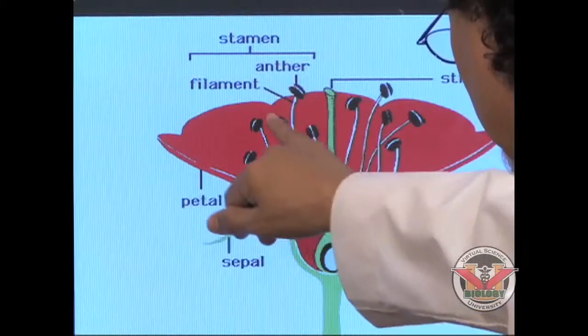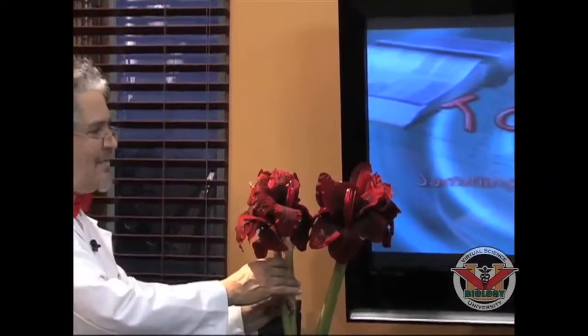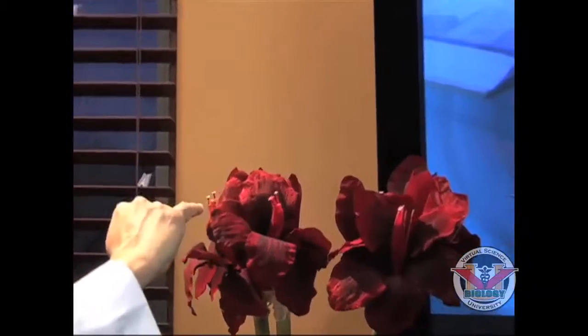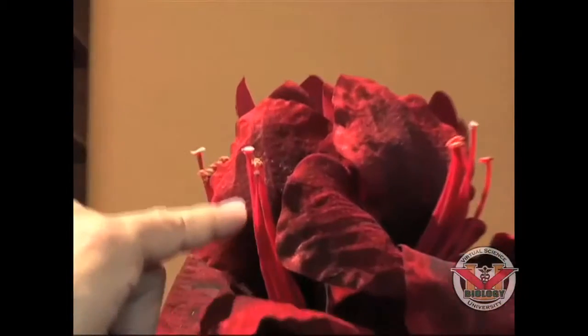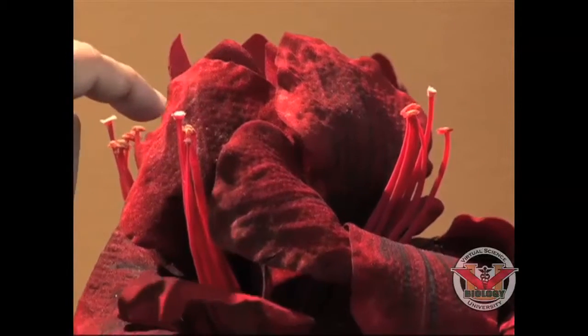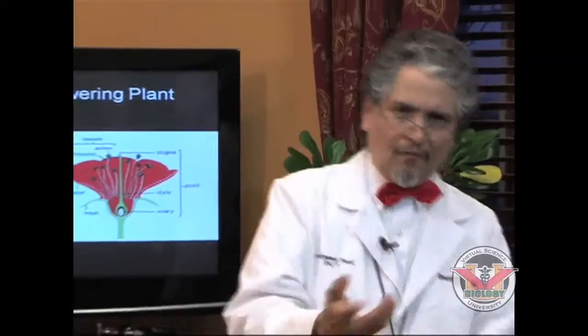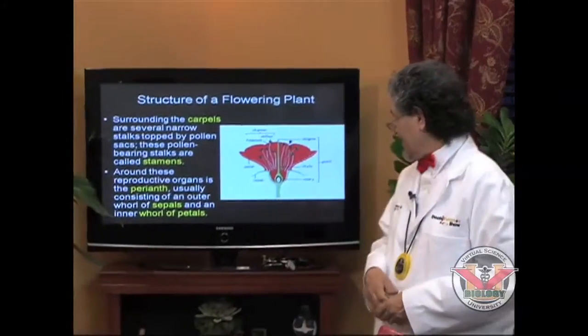Up here at the top is the anther, and the anther is what carries the pollen. On my flowers here, you can see them clearly in terms of what I'm talking about up here. You've got your stamen and your anthers up there at the top, and these are the ones that have the pollen that open up and allow for fertilization to take place.